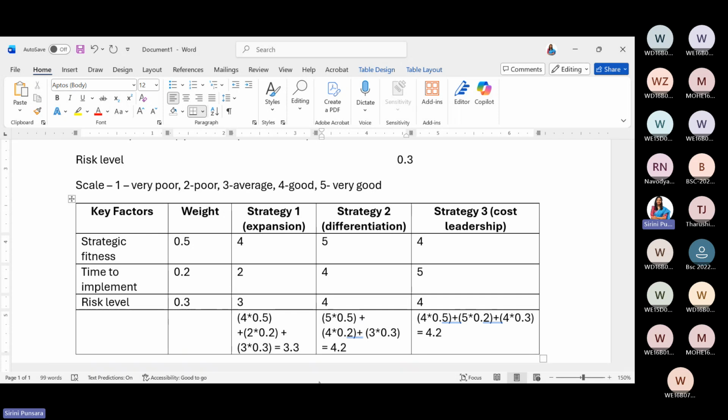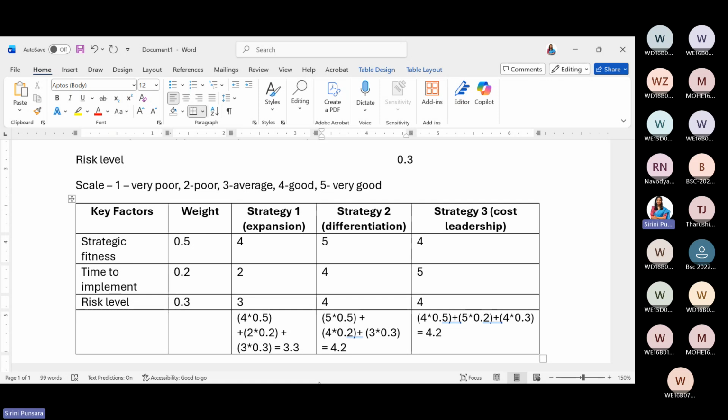If we have taken different values for all three strategies, then we can clearly identify which one is most suitable, which is secondly suitable, and which one is thirdly suitable, right? According to this example, we have similar values for two, so there we will be taking another factor.